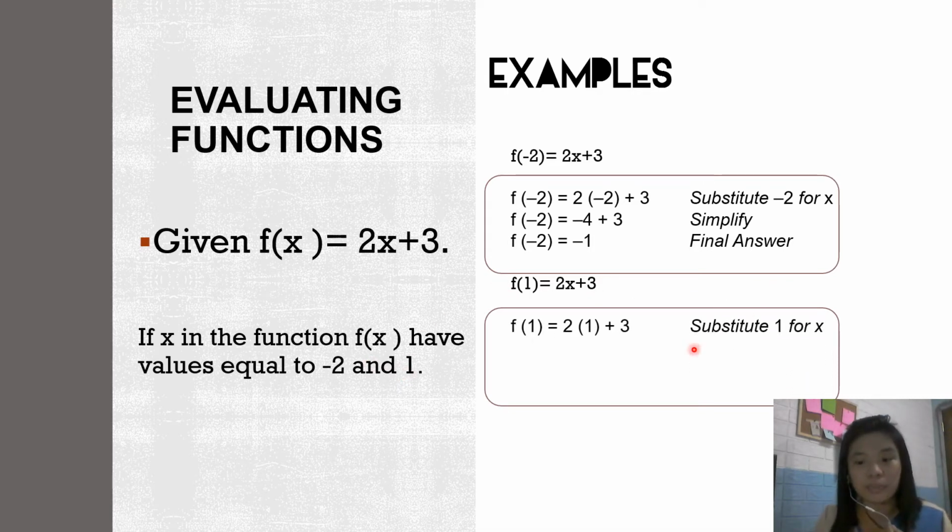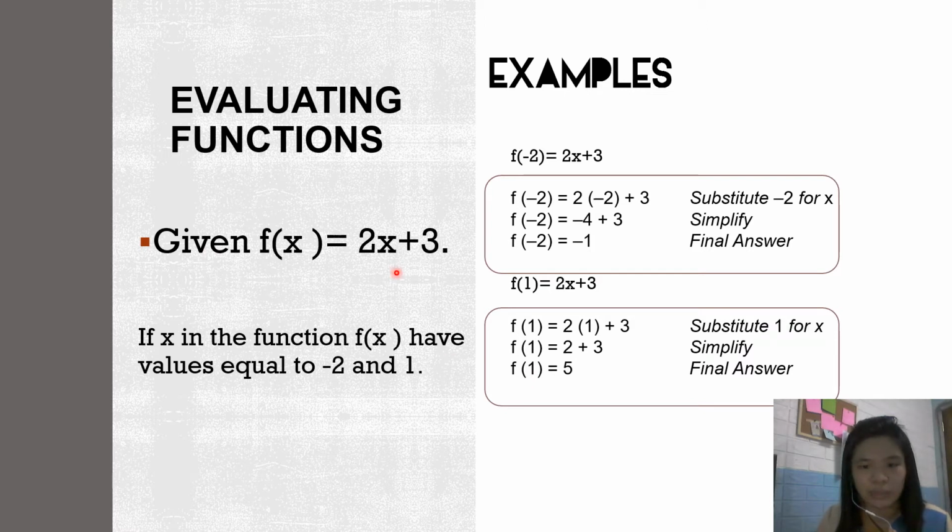It's the same function notation, just with different values. Then we substitute the value of x by 1. So we have 2 multiplied by 1 plus 3. 2 multiplied by 1 is equal to 2. Then, bring down 3. We simplify: 2 plus 3 is 5. Therefore, f of 1 with this given notation is equal to 5. That is how we evaluate functions.